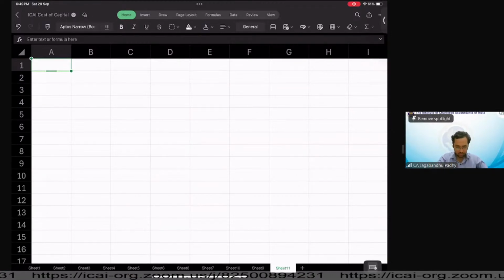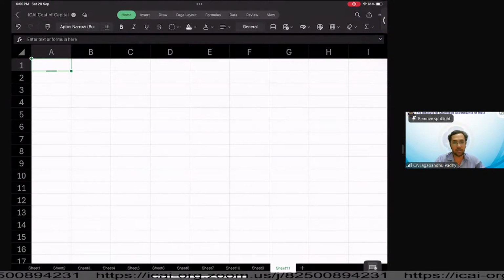Okay. So now we have done three models as of now: the dividend price model, earnings price model, and dividend growth model. Now the fourth model is the realized yield approach.